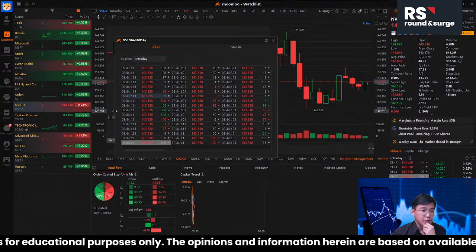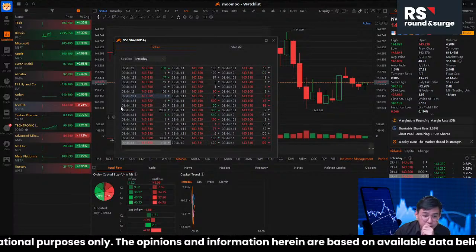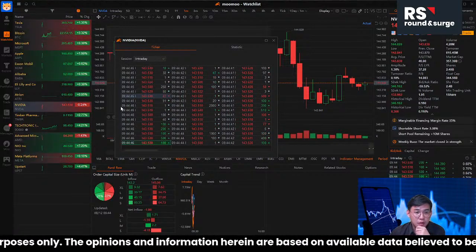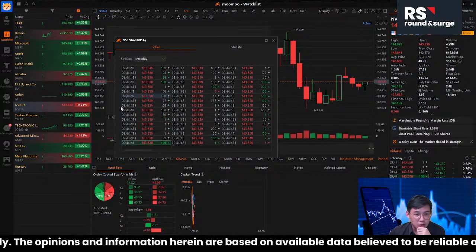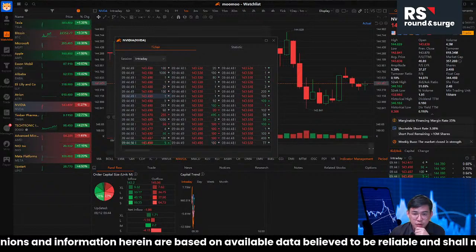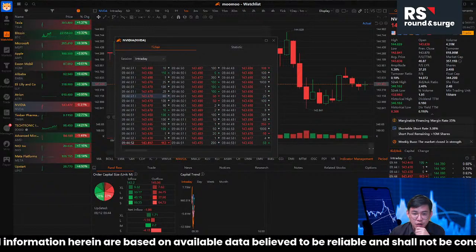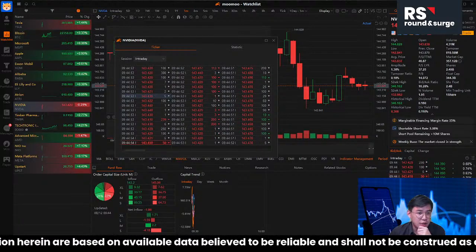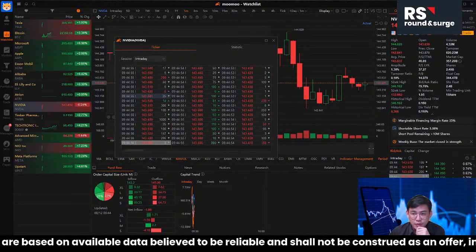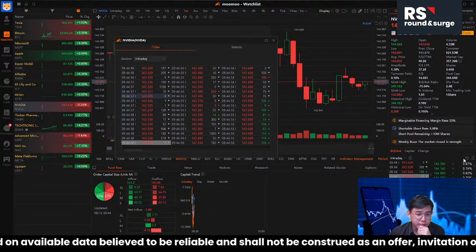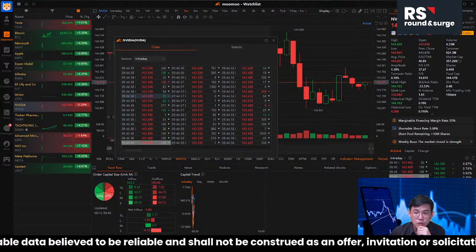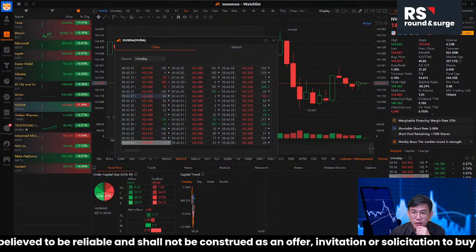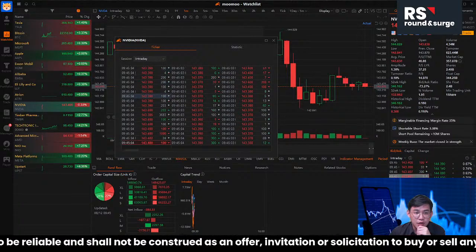Okay, Nvidia. Let's see whether this one can maintain higher than the previous candlestick high. This is Nvidia, right? Okay, it is higher than the previous candlestick high.